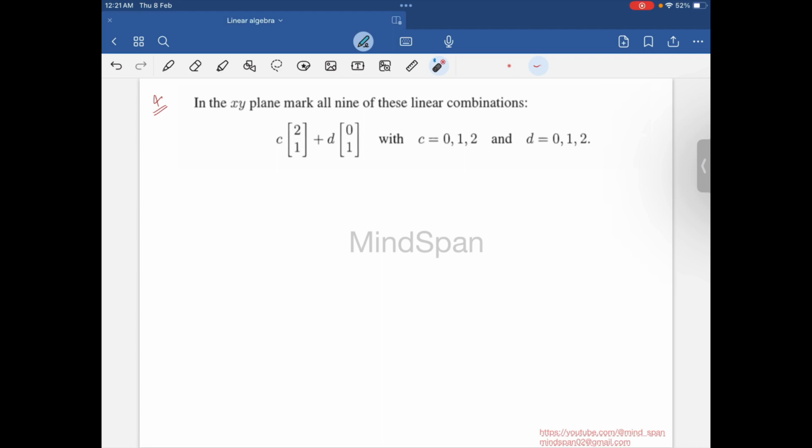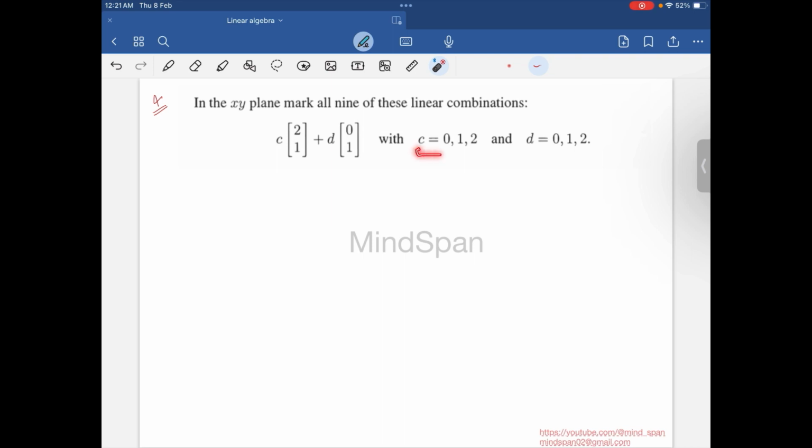So even if you are not yet able to completely grasp the linear combination, this question is good at a small level to visualize it, because with a lot of values of c, or with continuous values of c and d, it may be difficult to see the picture.